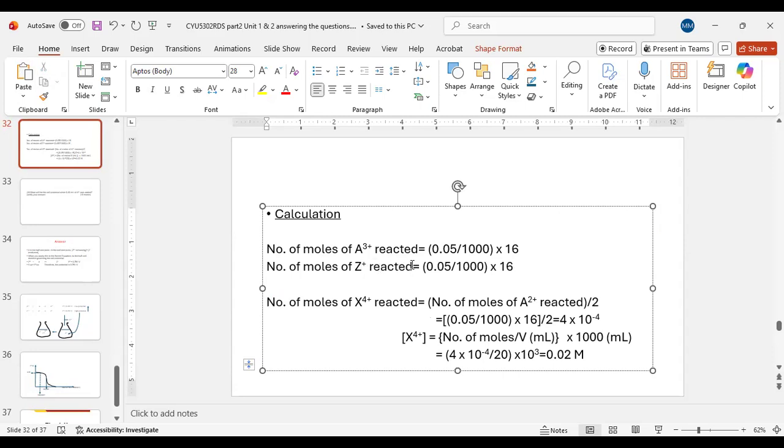Instead of writing reacted, I'll write reacted within brackets, in excess, same amount. So the number of moles of Z plus added.